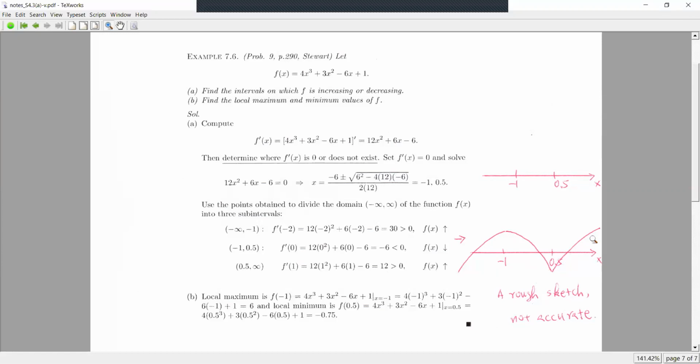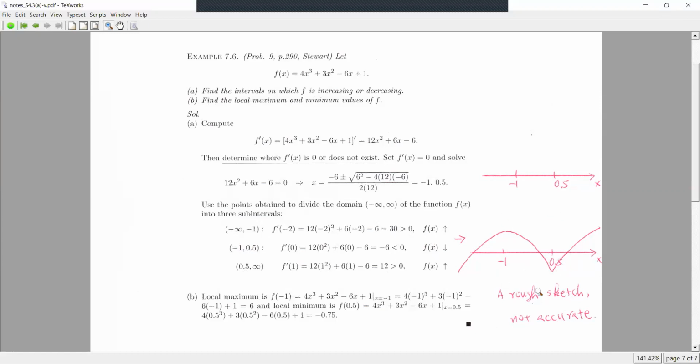I sketch this graph only for answering question B. Okay, now from the information here, from -infinity to -1, the graph of f is increasing. And then -1 to 0.5, decreasing. 0.5 to infinity, increasing again.